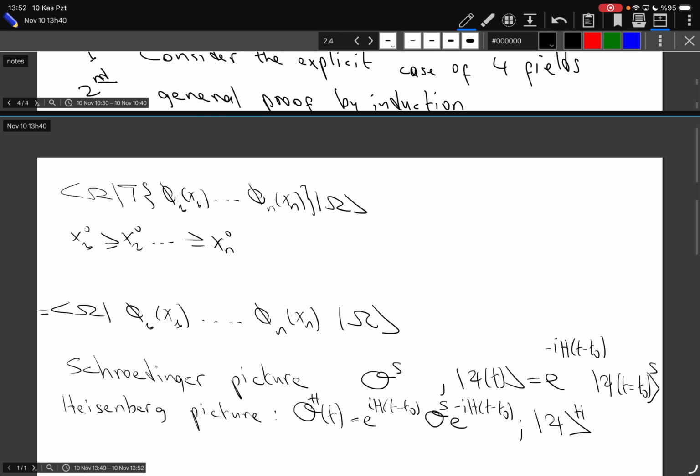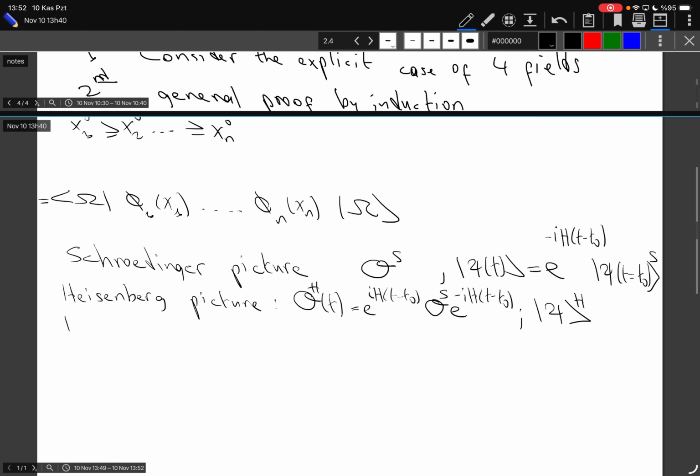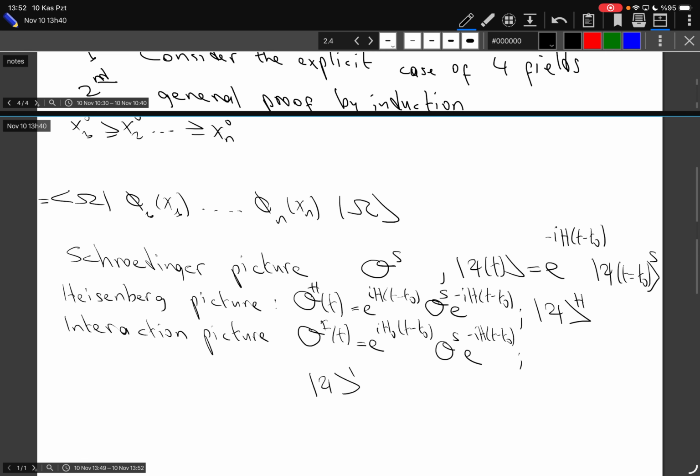And then we had something in between, the so-called interaction picture. In the interaction picture, I have the operators depending on time, and they evolve only under the influence of H0. And the states in the interaction picture also evolve in time.